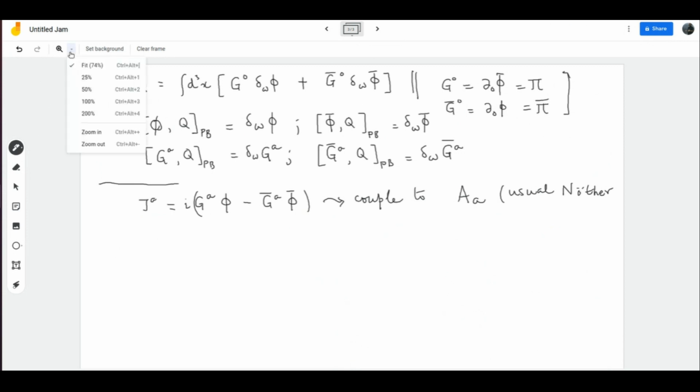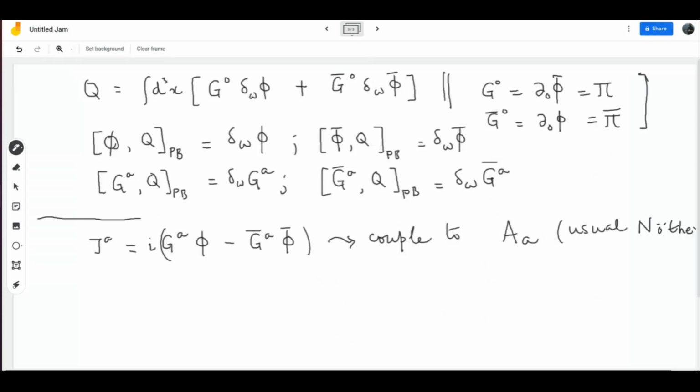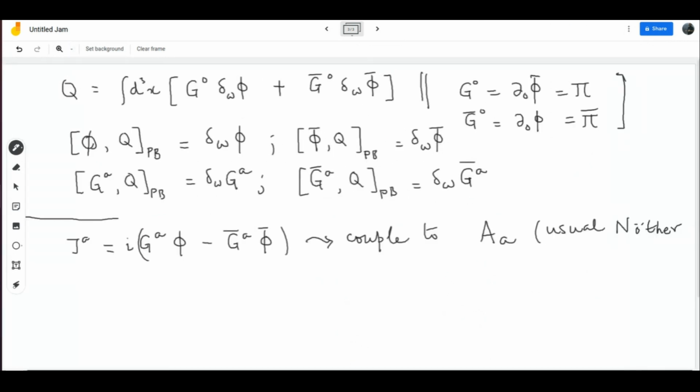What we are saying is we are going to introduce an interaction term, just like we did for particles.